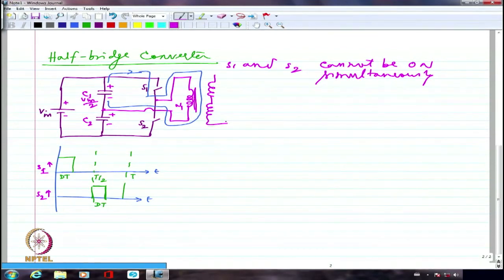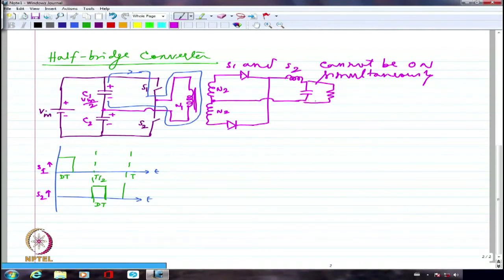So let us say this is N2, this is also N2. And I'm going to have a diode, here also a diode. Same thing, like what we got as a center tap rectifier. So I'm going to have the load here, which means an inductance, capacitance and a resistance. So this is my Ls and this is R. Same as what we got earlier.